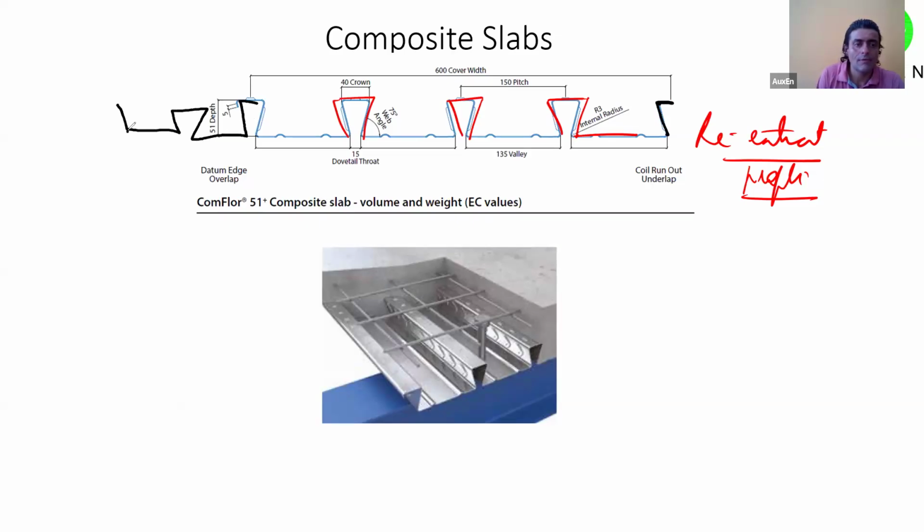Like this, and this will continue. So deliberately the shape is made such that easy overlaps are possible. Clear? So this is the composite profiled metal deck slab.